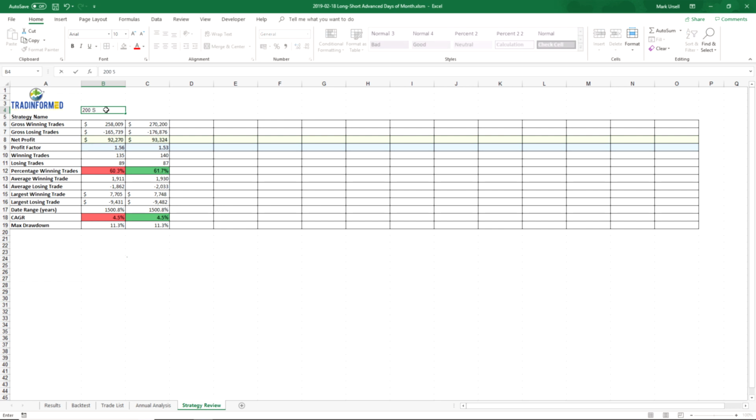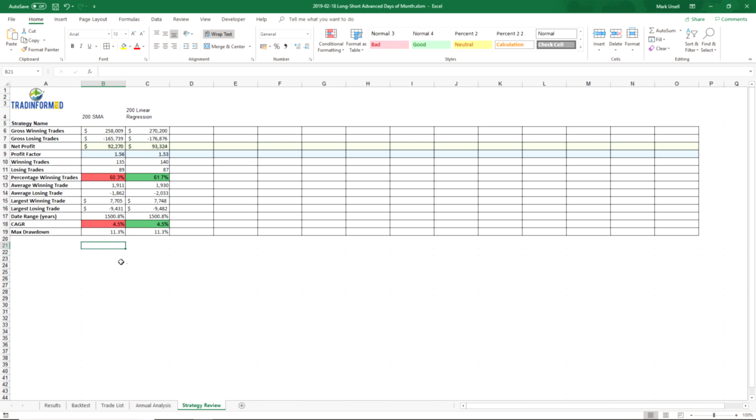So we have the 200 SMA and we have the 200 linear regression. And we can compare them directly, and we can see here there isn't an awful lot to compare. Both of these scenarios are very similar.